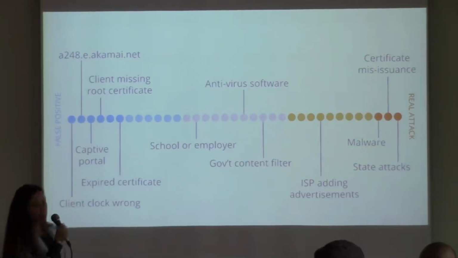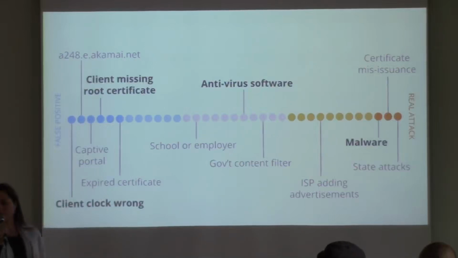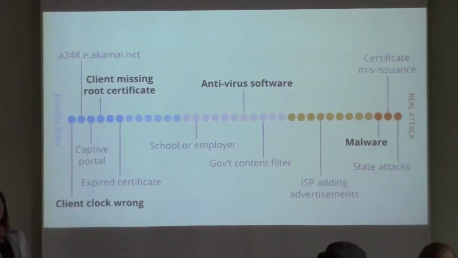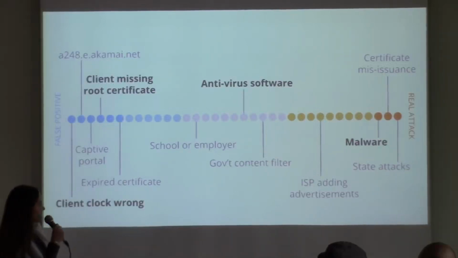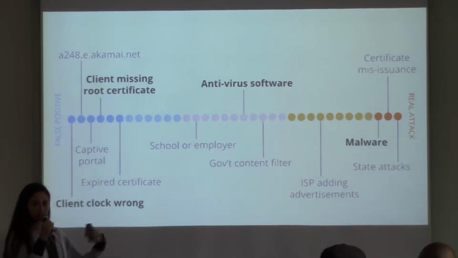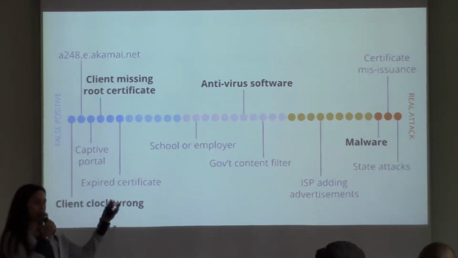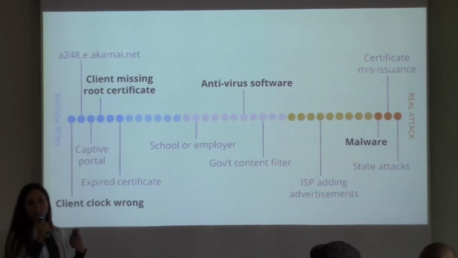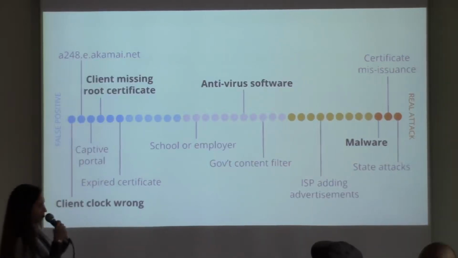So examples of things that are on the spectrum are client errors. Things like the client clock is wrong, like people stuck on really old versions of Windows XP might not have the root store being updated. Antivirus software often causes lots of errors if some type of HTTPS interception feature is turned on. It may not play nicely with the browser.